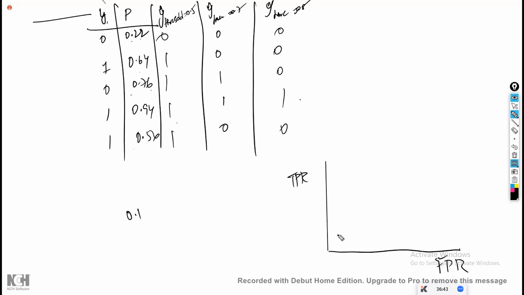Threshold of 0.2, you'll get TPR, FPR. Threshold of 0.3, TPR, FPR. Threshold of 0.4, TPR, FPR. Threshold of 0.5, TPR, FPR. And if you draw a line like this for various threshold settings, then it is called the ROC curve. That is the meaning of the ROC curve.